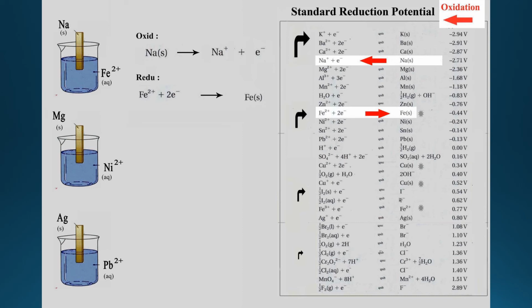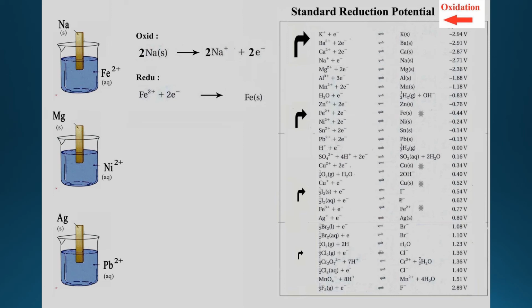Iron, same arrow. Reverse arrow means oxidation. But one more step. Be careful: 2 electrons. The electrons must be the same on both sides. So what are you going to do? Put a 2. Now they balance. That's the way to do it.